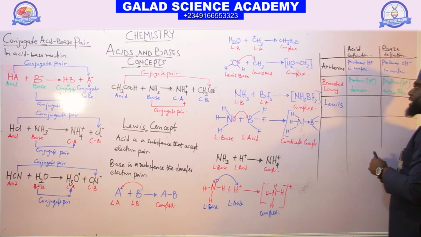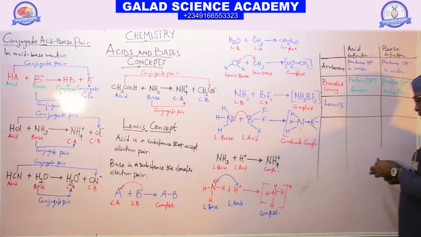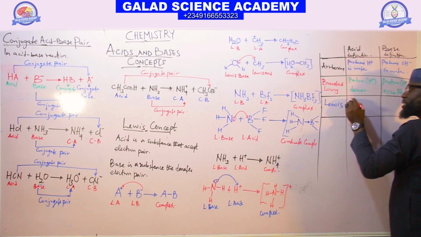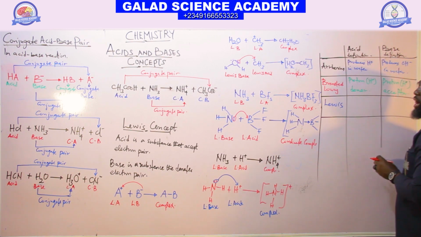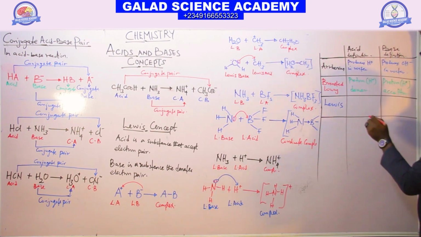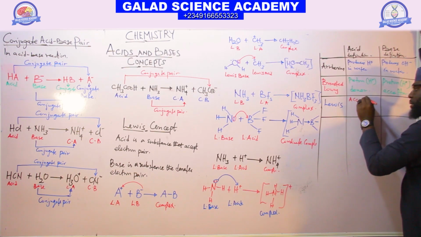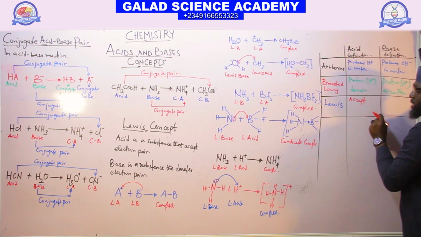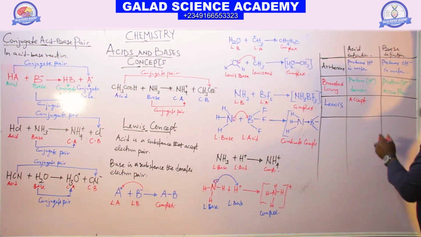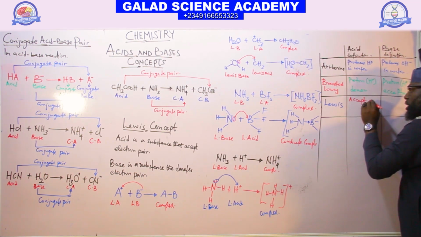So Lewis said that acid accepts a lone pair of electrons, an electron pair.